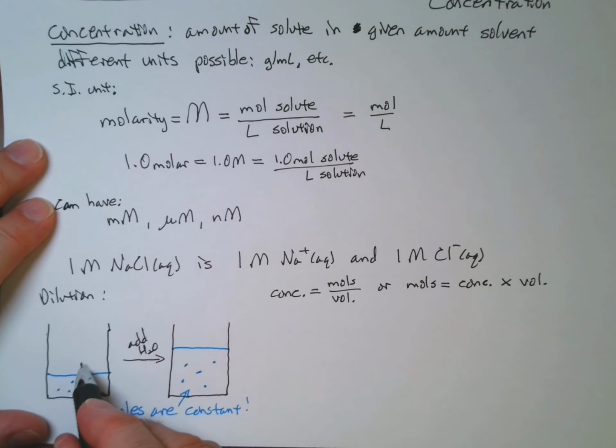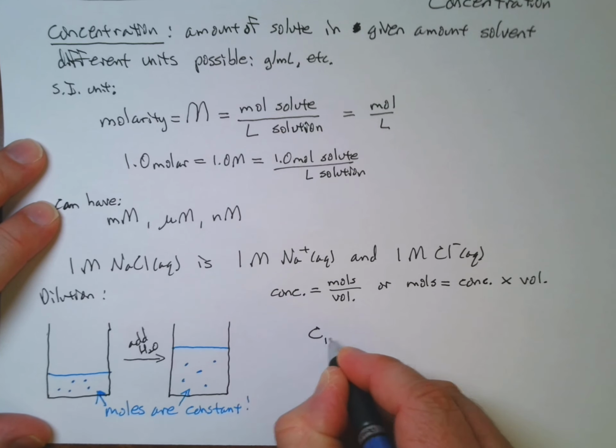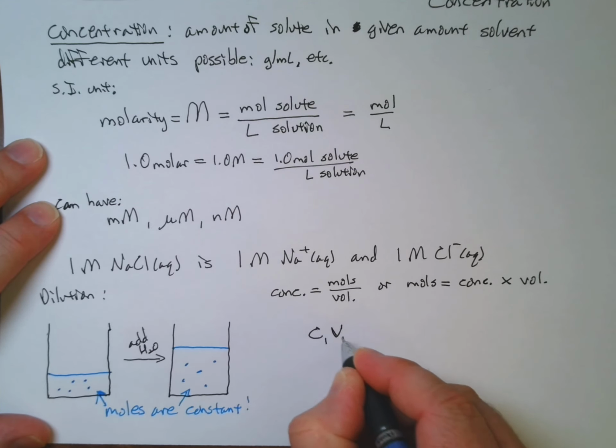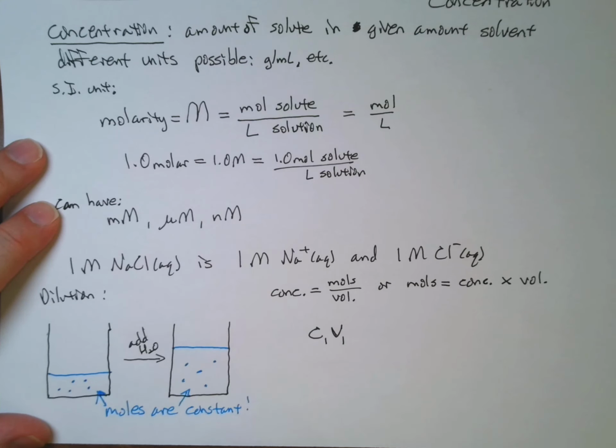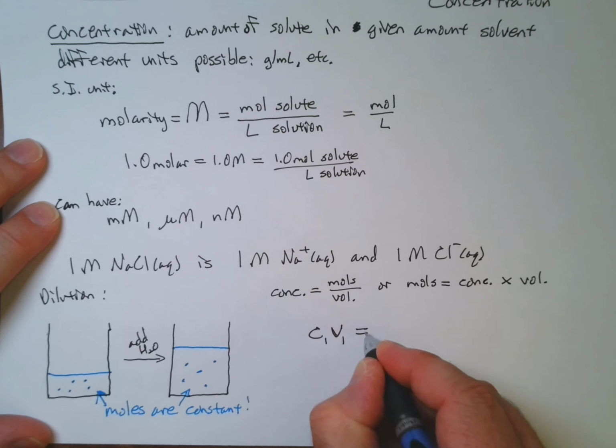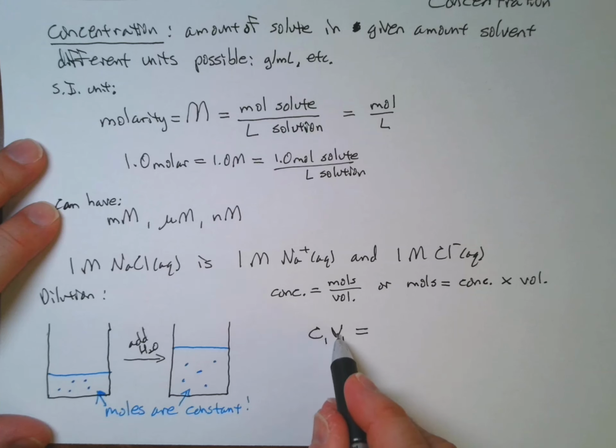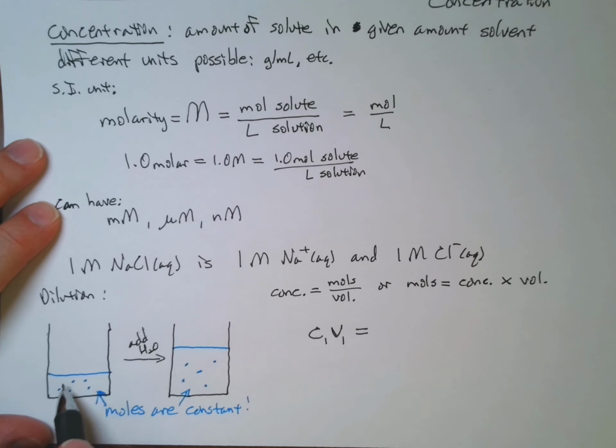So in case 1, I have a certain number of moles, and that's going to be concentration 1 times volume 1. That equals C1V1, the moles in solution 1.